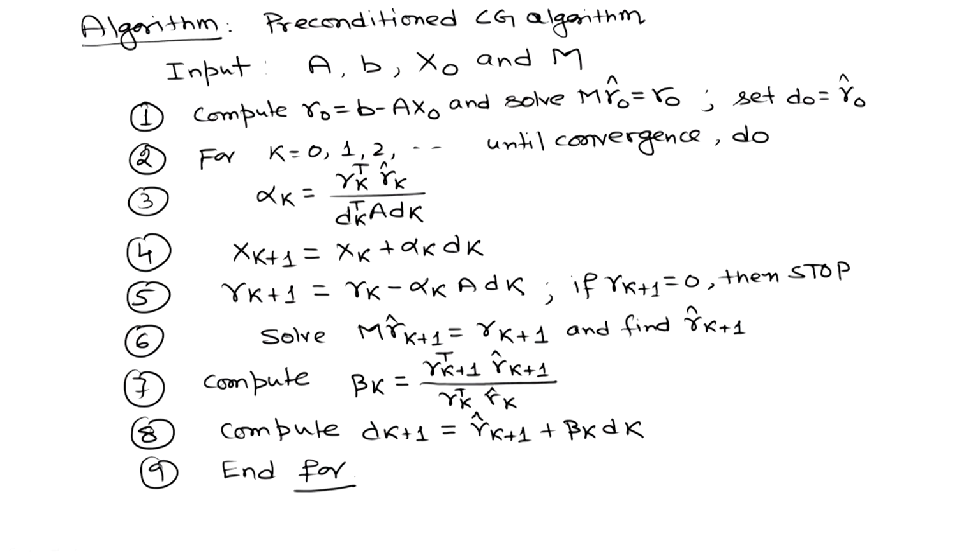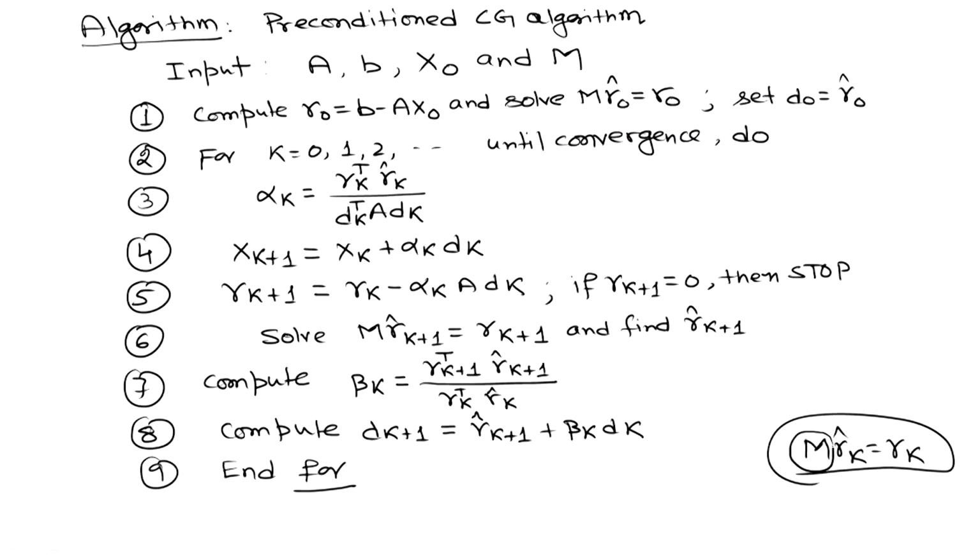Now, what is the extra computation here when compared to the original conjugate gradient algorithm? In each iteration, we have to solve a system M r k cap equals r k for finding the r k cap.